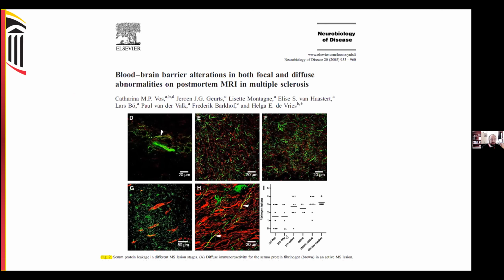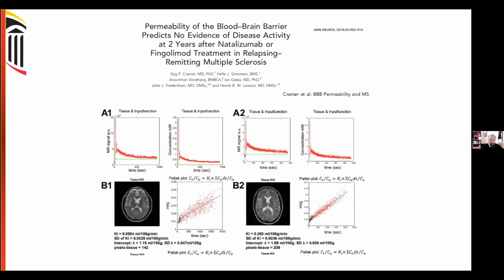You can see that there's fibrinogen deposition in autopsied and biopsy specimens, really in all lesion types: those that are pre-active, active, chronic active, even to a degree chronic inactive lesions. So this is clearly a significant part of the pathology of multiple sclerosis.